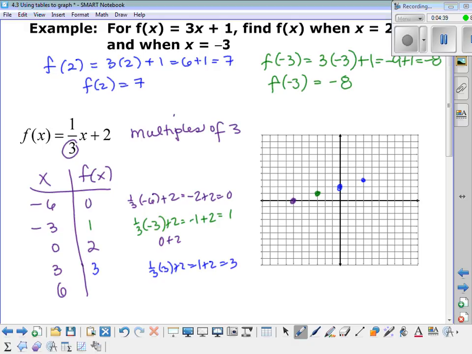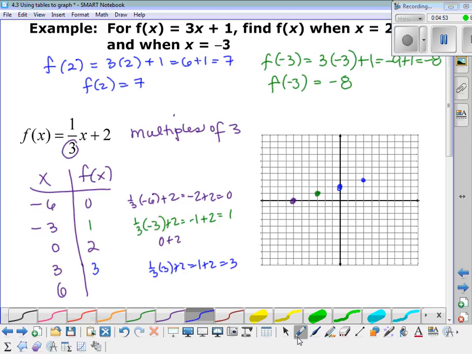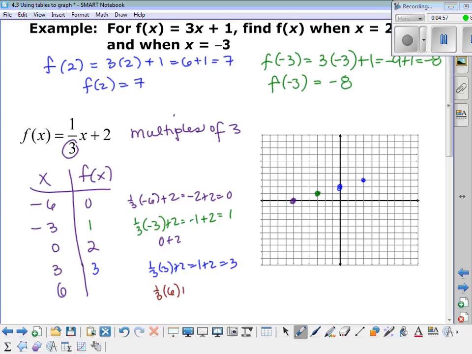You have a question? Well, right now we're going to be doing it with the table. We're going to be learning another way to do lines later on. Yes, but right now we're just doing it with the tables. Okay? All right, and then finally for 6, we've got 1/3 of 6 plus 2. So that's 2 plus 2, or 4. Yes?